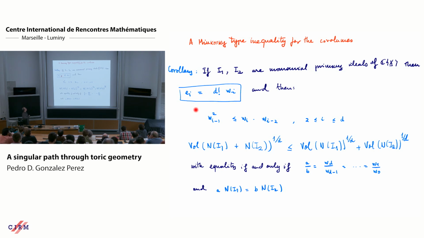And we get that the mixed covolumes must satisfy these inequalities, and also the case of equalities is characterized by this equality of the Newton polygons.